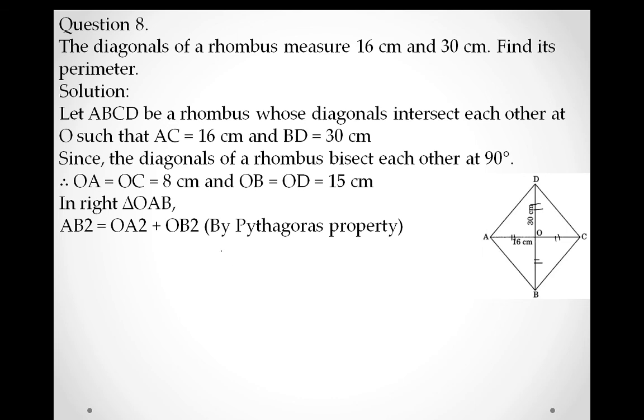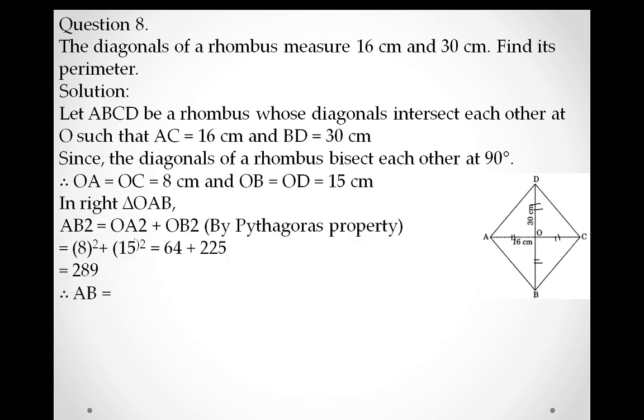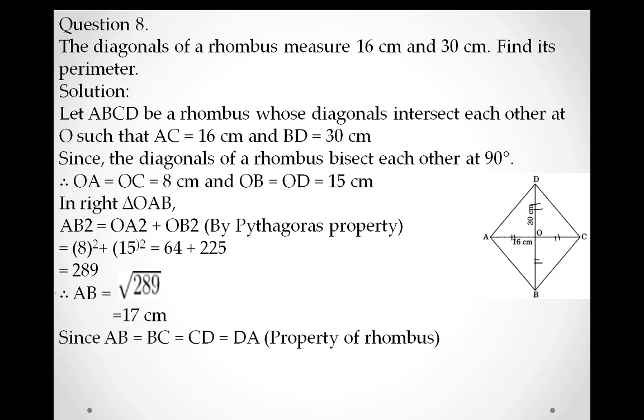So in right triangle OAB, AB square is equal to OA square plus OB square. So 8 square plus 15 square is equal to 64 plus 225, which is 289. So AB square is equal to 289 and the square root of 289 is 17 centimeter.